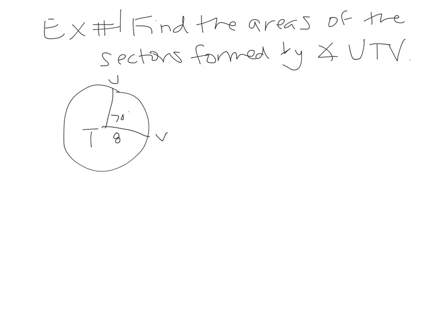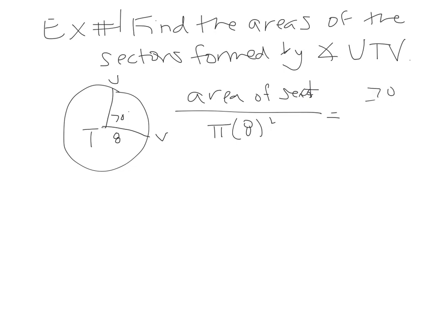And so I'm going to set up the proportion, area of sector over the full area of the circle, which in this case is pi 8 squared, equals 70 degrees over the 360 degrees.